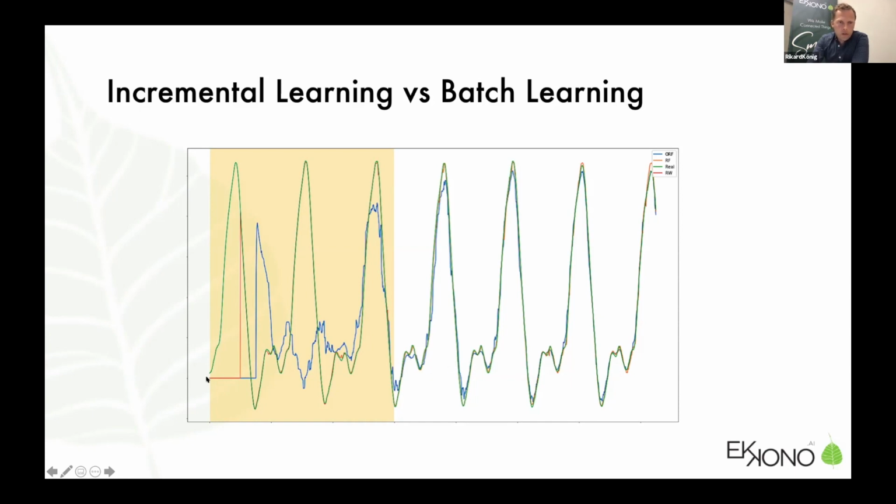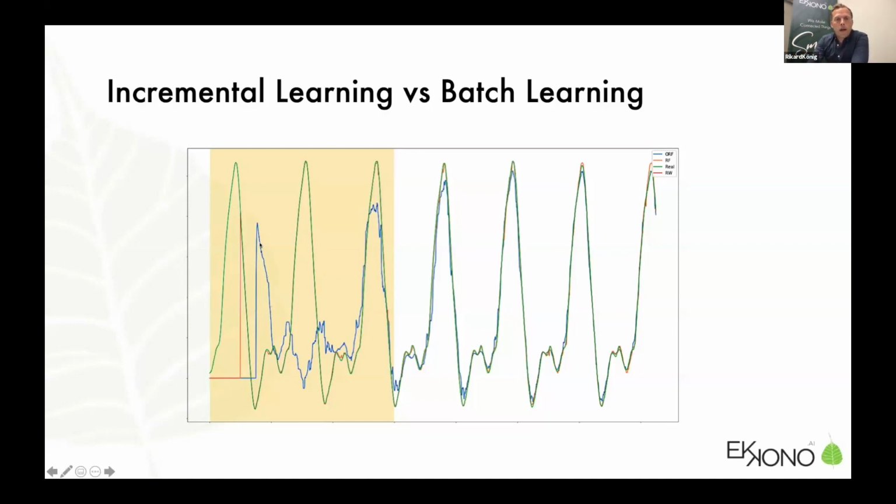You can see that it starts here by predicting 0 for a while, and then it starts doing predictions. That is because it needs to wait until the pipeline is filled with data before it can start to make predictions. But here it's trained, so it does that more or less perfectly. And then you can see that it also generalizes to new data. The blue one here is the incremental learner. To start with, we can see that yes, it needs to wait a little bit longer than the batch learning, because you also need to wait until you know the target, the horizon as well, since you need to get a whole training sample before you can start training.